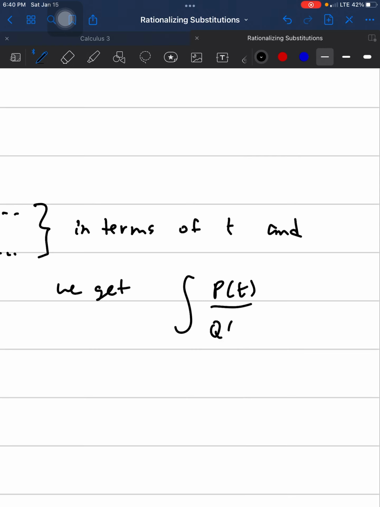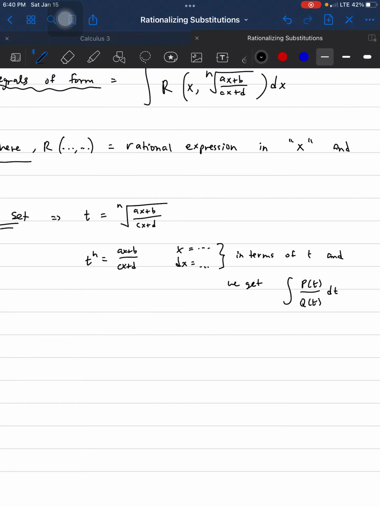So P(t) over Q(t). This just represents a rational function, P(t) over Q(t), but it's in terms of t. And that's what we want when we're doing rationalizing substitutions.